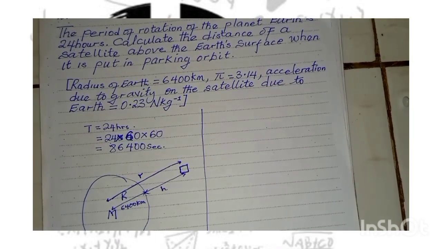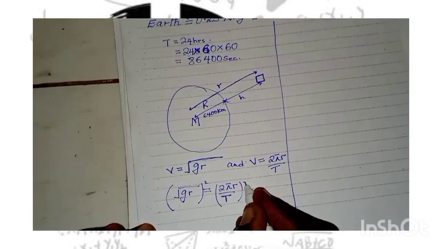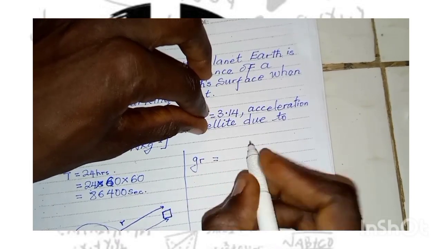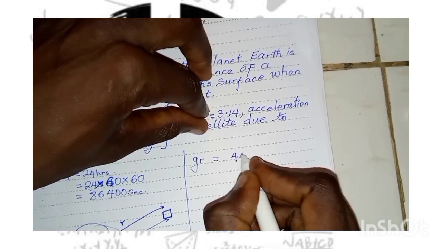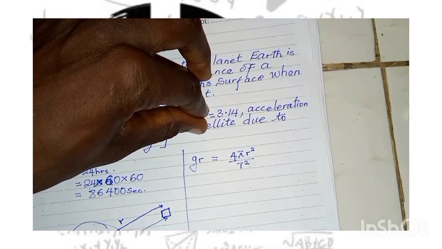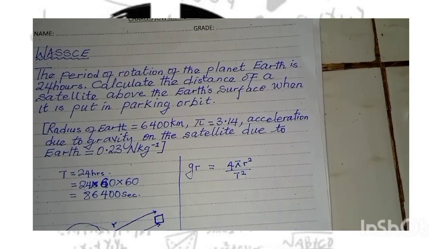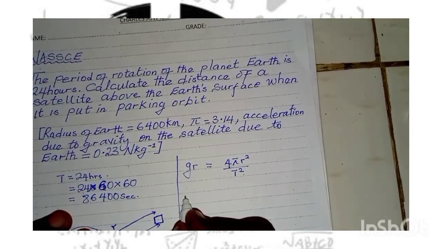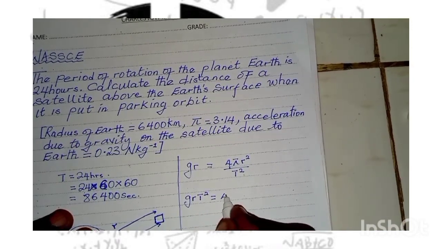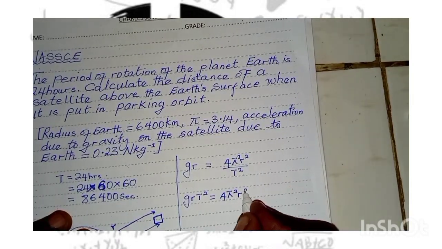What is the first step? You square both sides of this expression. When you square both sides, you have g times r equals 4 pi squared r squared all over T squared. Next we make r the subject. When we cross multiply, we have g r multiplied by T squared equals 4 pi squared r squared.